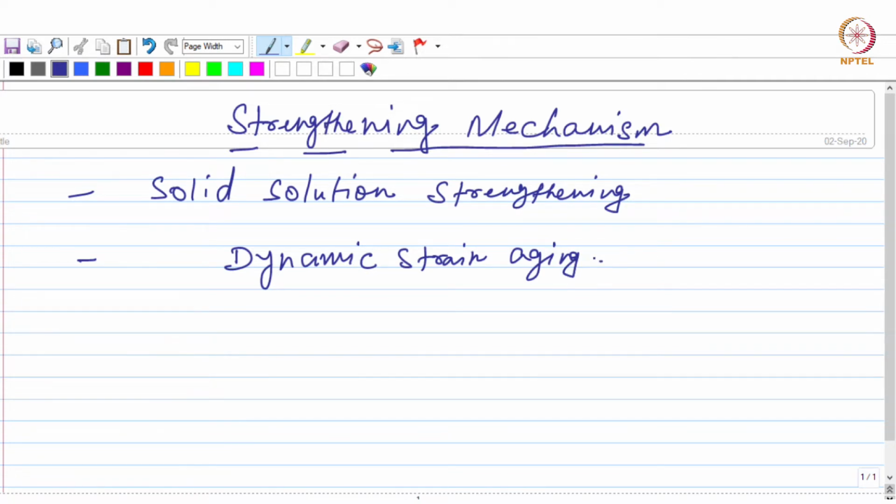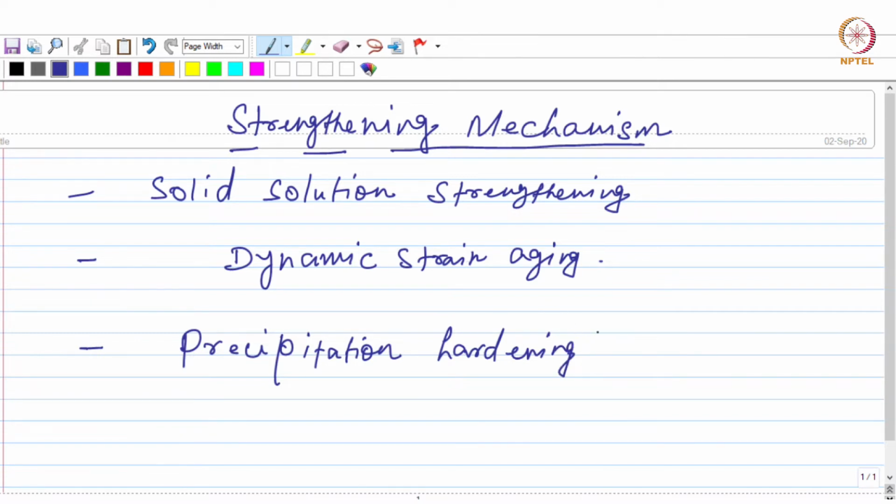So today we are going to start one more topic on this particular aspect of the physical metallurgy of aluminum alloys. We are going to start precipitation hardening as one of the other strengthening mechanisms that we have.